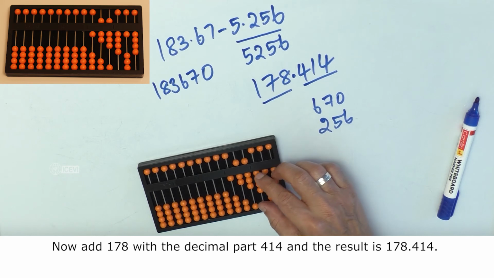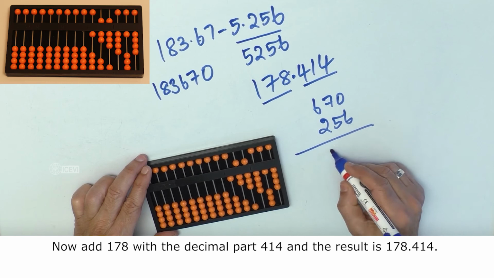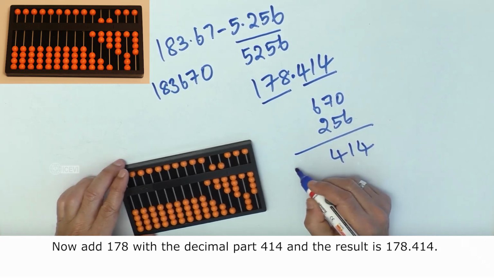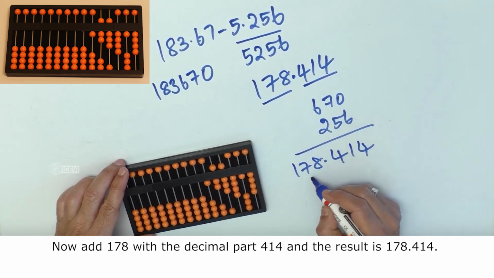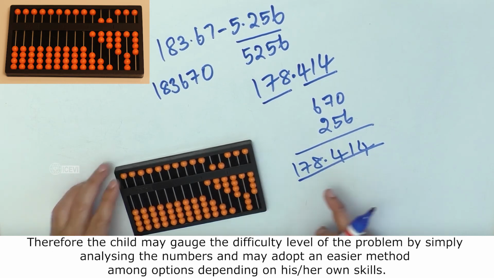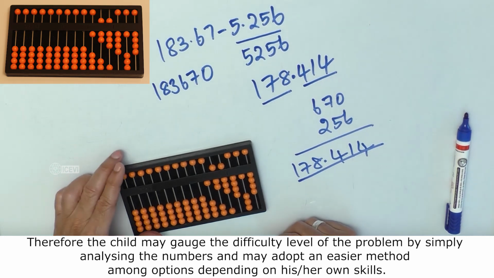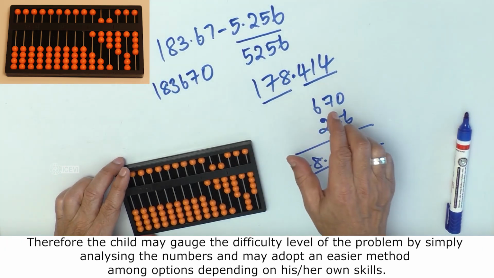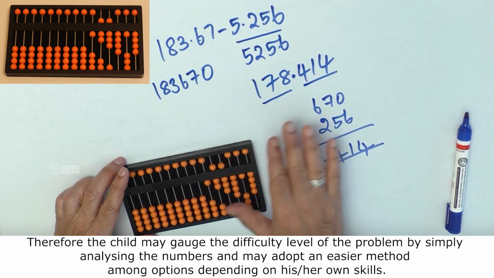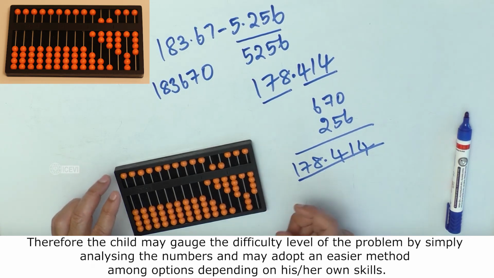Now add 178 with the decimal part, which gives the result as 178.414. Therefore, the child may gauge the difficulty level of the problem by simply analyzing the numbers and may adopt an easier method among the options depending on his or her own skills.